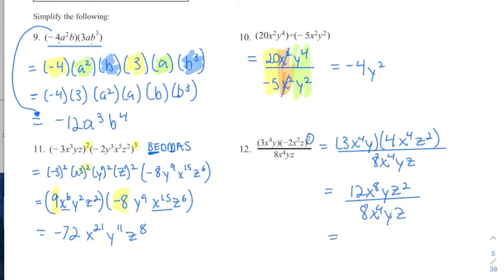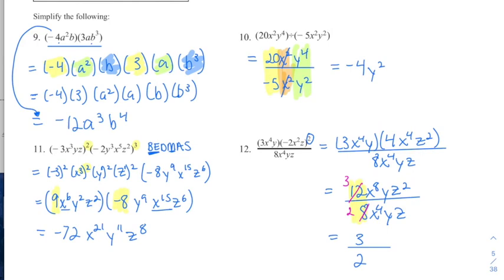So now you'll see that I have 12 and 8, and those do not divide evenly. So what we're going to do instead of dividing is we're going to be reducing. So I know that 4 divides both 12 and 8. Okay, so I can write this as 3 over 2, and then I have to look at the rest.